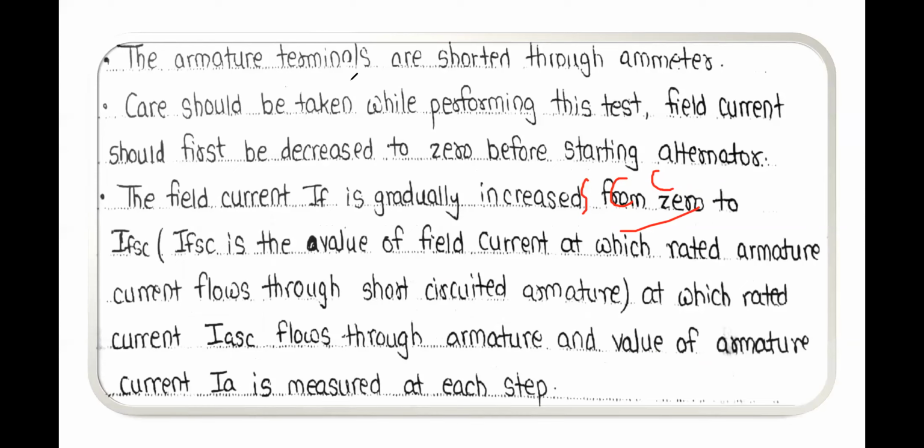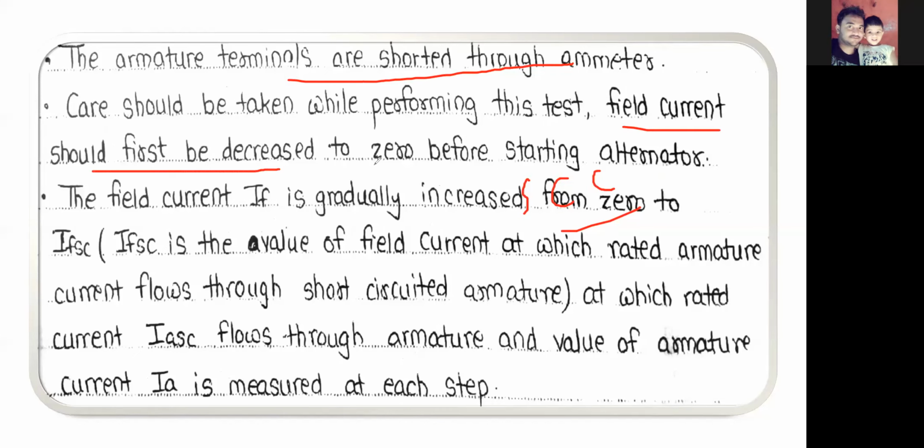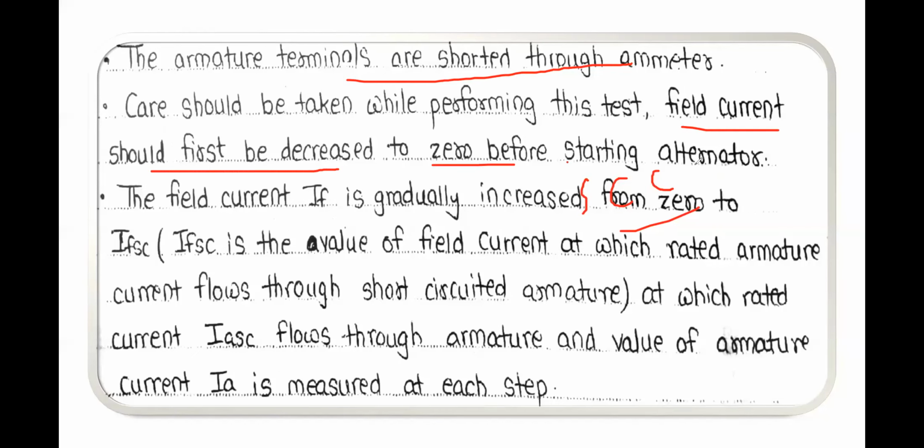First thing is your armature terminals are shorted through the ammeter. What care should be taken while calculating the ISC? The care to be taken is that the field current should first be decreased to 0 before starting the alternator. So the condition is that your field current must be 0. This is my condition to calculate the ISC. Now what is the next point?